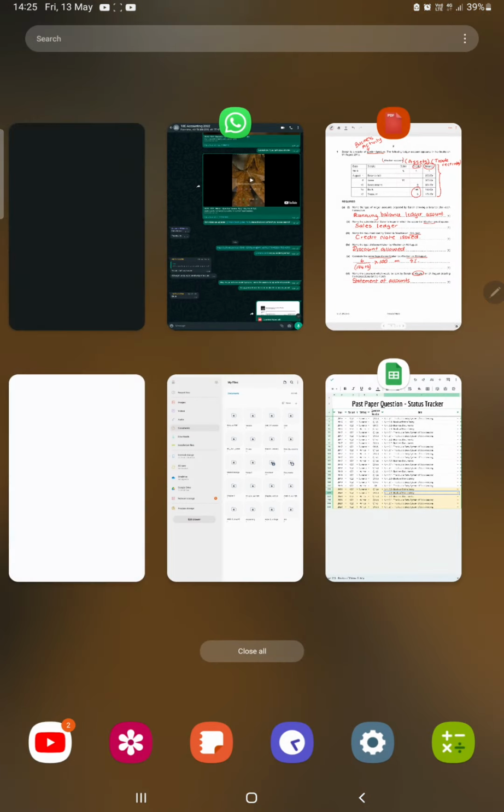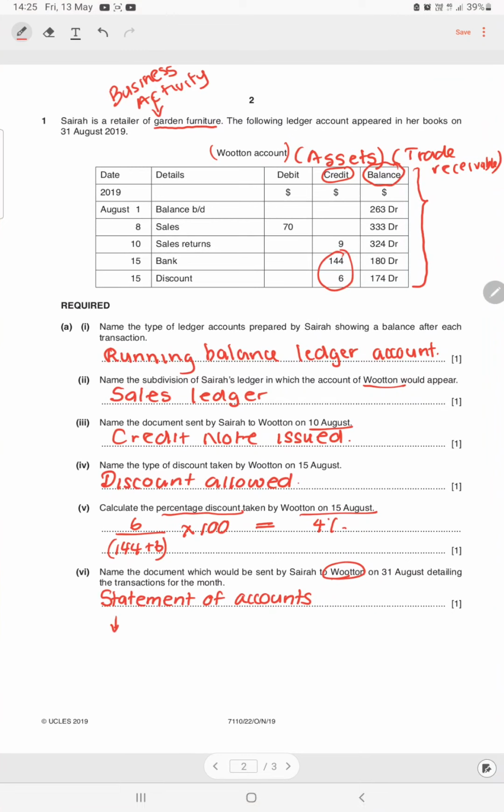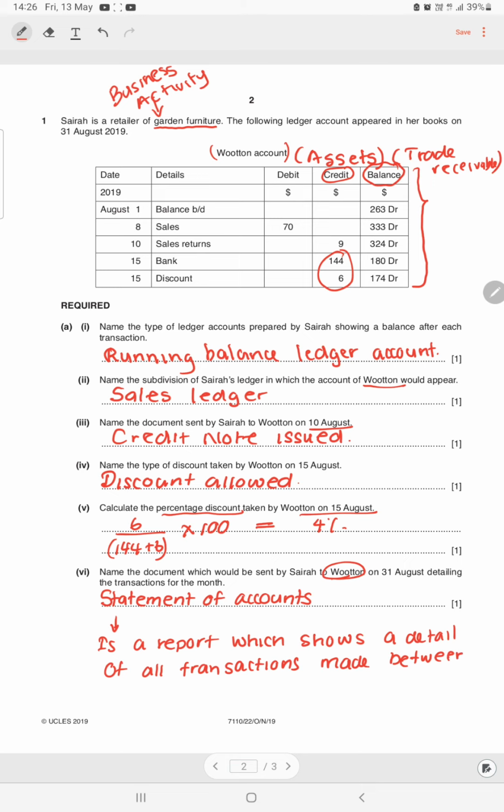Basically, a statement of accounts is a report which shows a detail of all transactions made between the customer and the business.